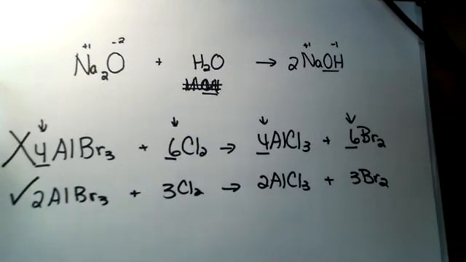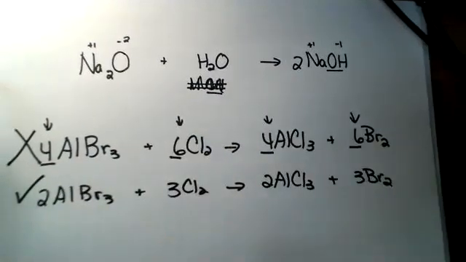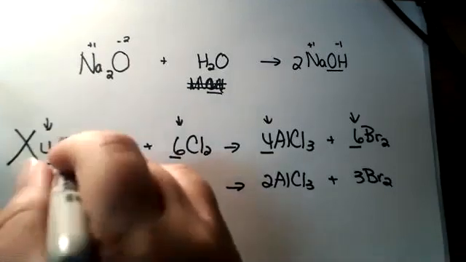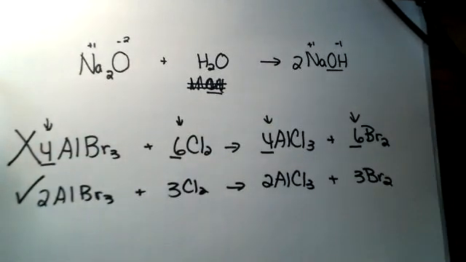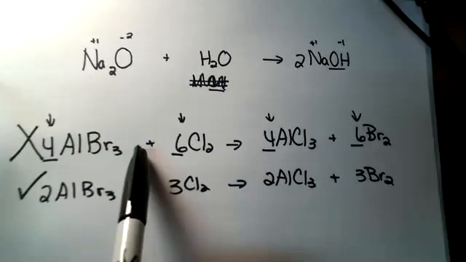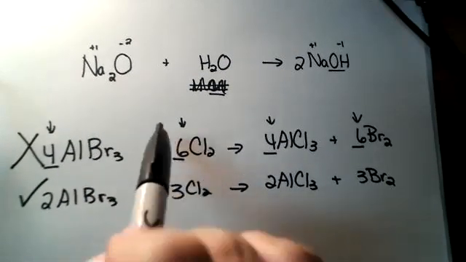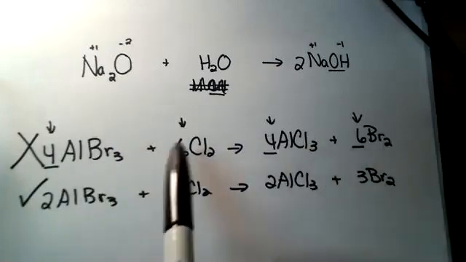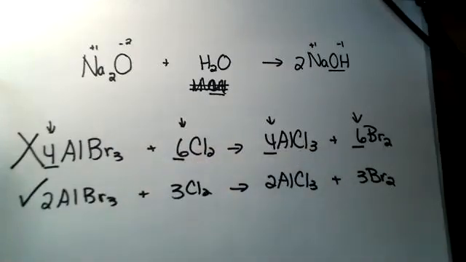Okay. Now, the only time that this should be a problem is if you put a coefficient in front of every single part of that reaction. I see it a lot on students like this one right here. This is one that I see a lot of students not simplify. I see it a lot of times on combustion reactions.